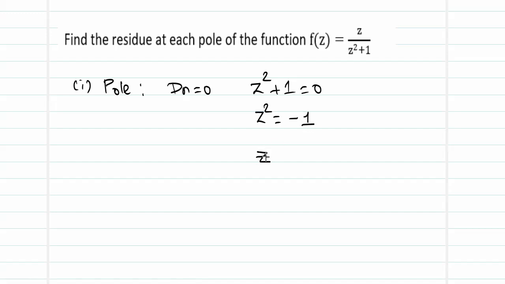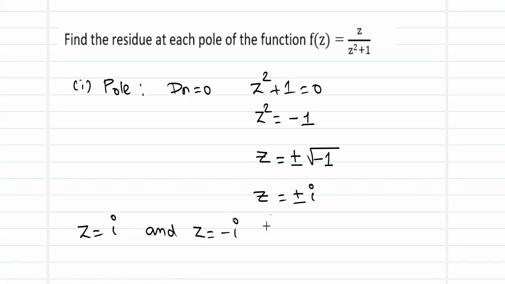So what will be z? Z will be equal to plus or minus square root of minus 1. So this becomes z is equal to plus or minus, what do we know about square root of minus 1? It is going to be equal to i. So what are going to be my poles? Z is equal to i and z is equal to minus i are going to be the poles of my function f of z.